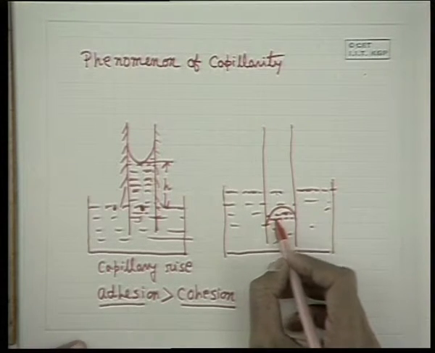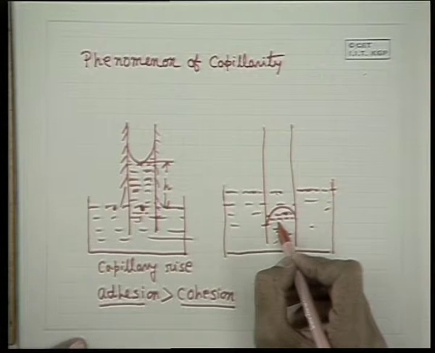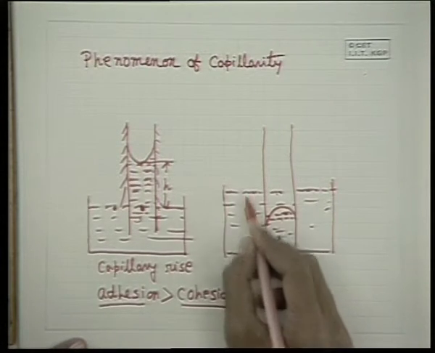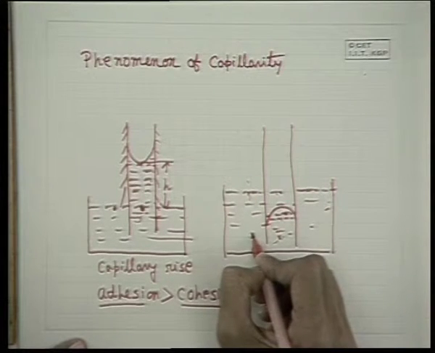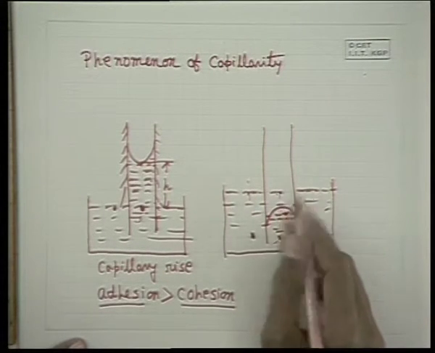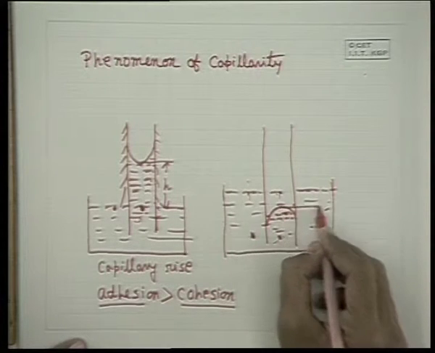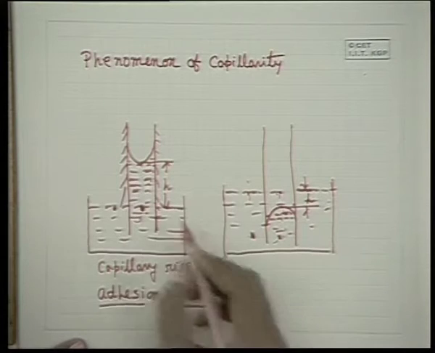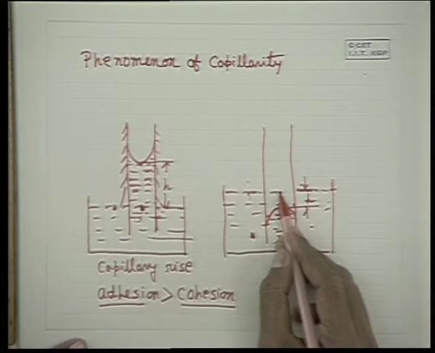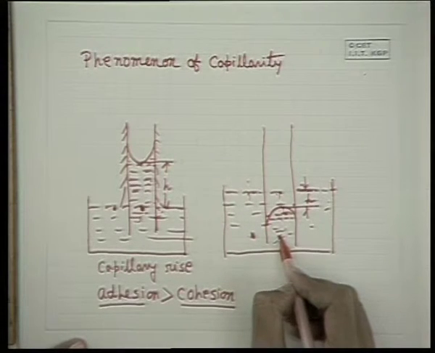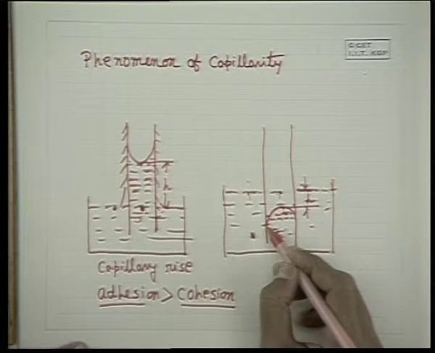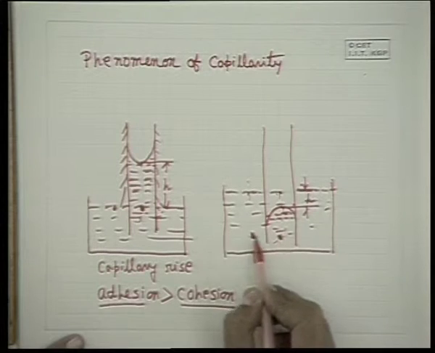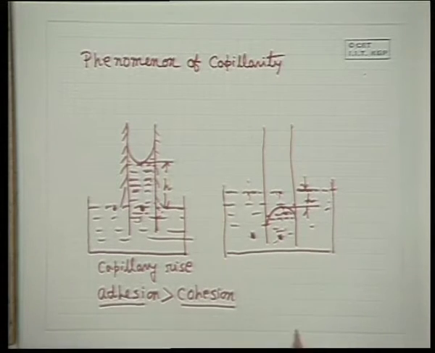So what is the force responsible to create this imbalance? Here the pressure is atmospheric pressure plus this height of the liquid, but inside it is less. Let this be the depression. So there must be some additional force in the downward direction to balance the two. What is that? That is the surface tension force.